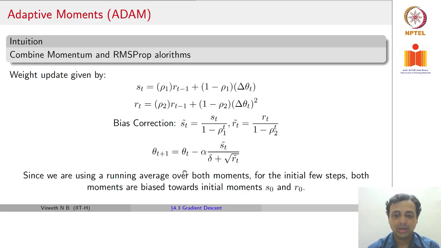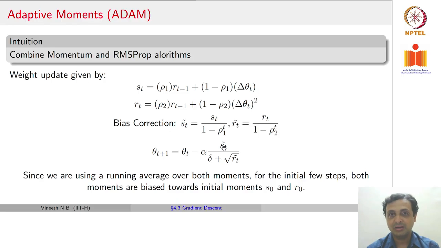Why? You look at the final update equation here. The update says that theta t plus 1 is equal to theta minus alpha ST by delta plus root RT. I'll explain the tilde part in a moment, but let's first assume that there's no tilde. Let's just assume ST and RT. So what is this doing? Alpha by delta plus root RT is exactly the same that we saw in RMS prop and Adagrad.